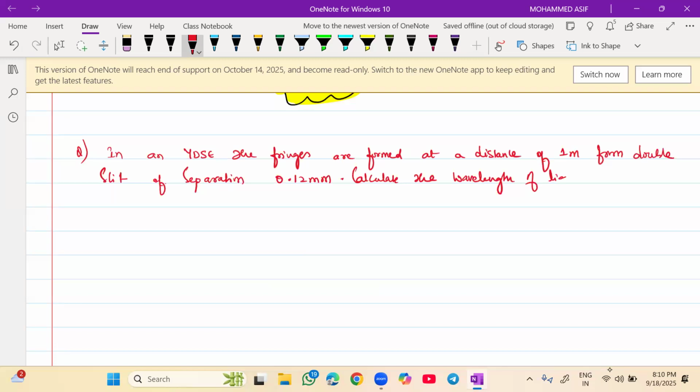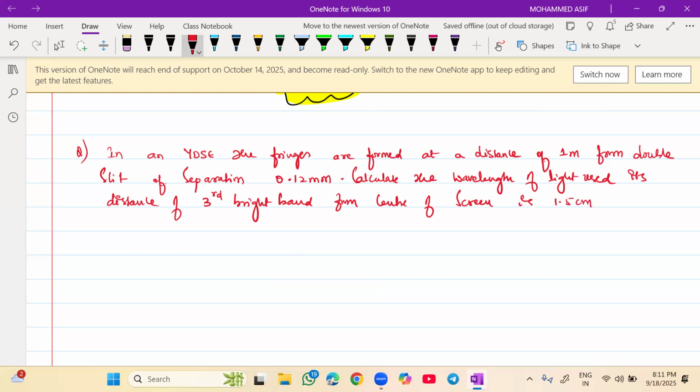Calculate the wavelength of light used. Its distance of the third bright band from the center of the screen is 1.5 centimeters. Options are: 6,000 angstroms, 5,000 angstroms, 8,000 angstroms, and 4,000 angstroms.